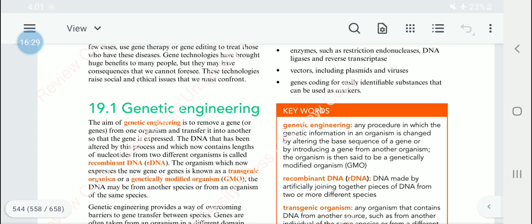Leave a line, put a star and write down. In genetic engineering, a gene is removed from one organism and transferred into the genes of another organism in such a way that its phenotype is expressed.